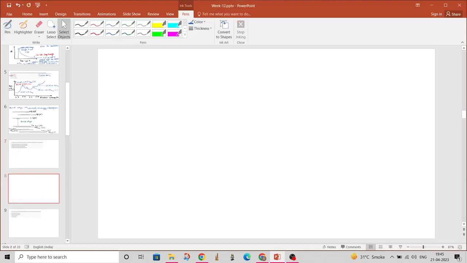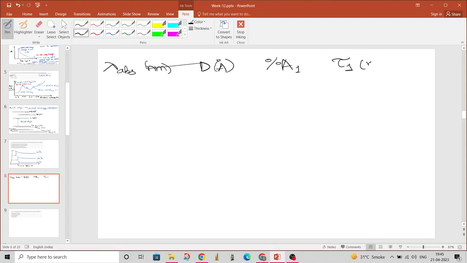Let's write some data. Diameter in angstrom, percent amplitude of the first component. I'm writing only the first component here.